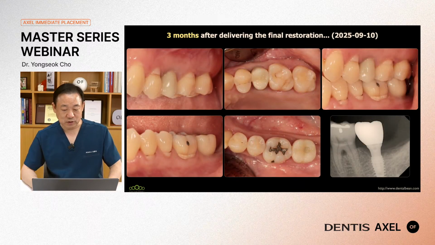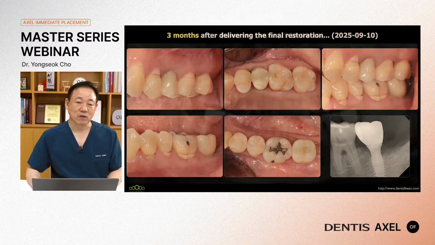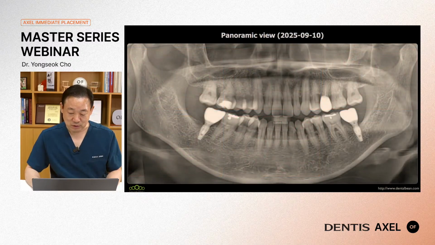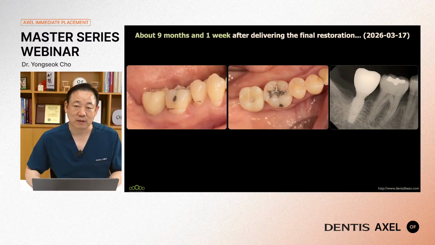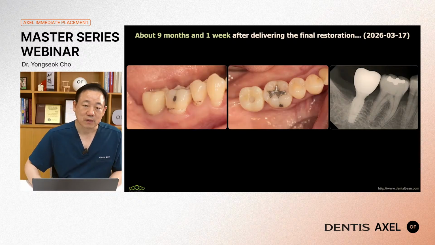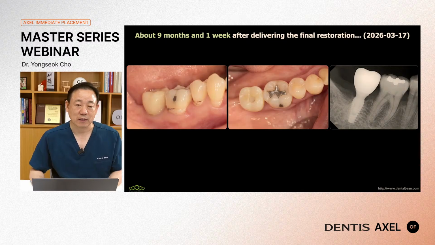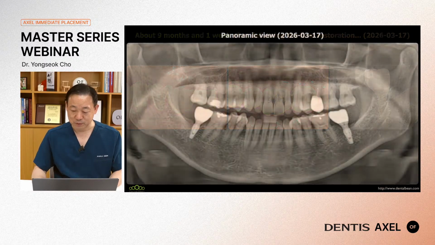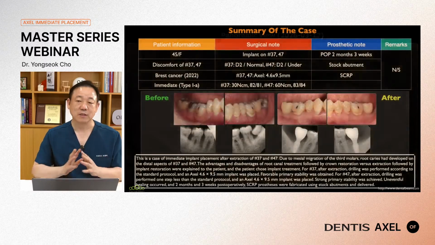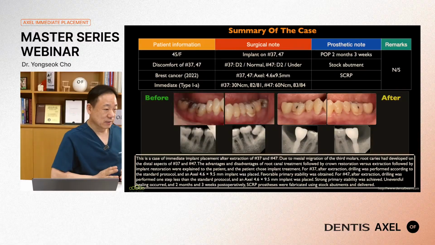XL was recently introduced, so the follow-up is not so long. It is 9 months and 1 week after final restoration, clinically good in soft tissue condition and bone condition. Same on the left side. Okay, nice bone response and soft tissue response. So the case finished like this.